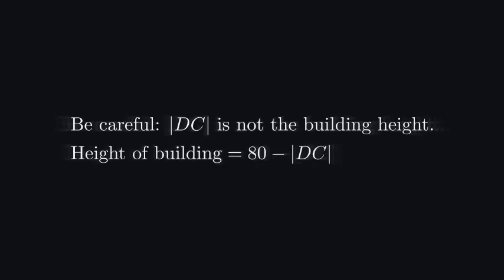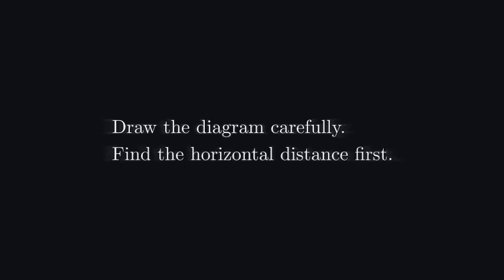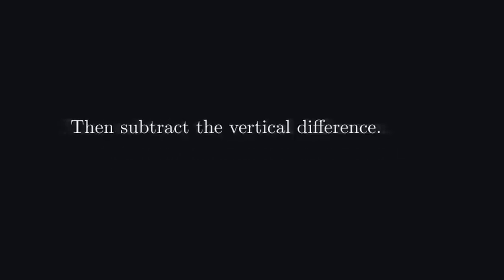Height of building equals 80 meters minus length of DC. Draw the diagram carefully. Find the horizontal distance first. Then subtract the vertical difference.